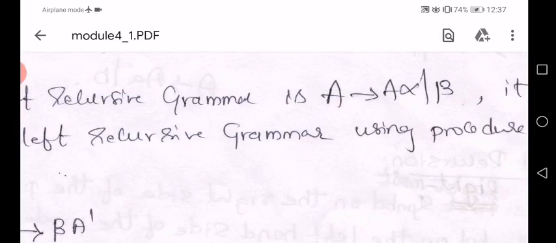If I want to convert the non-terminal into a terminal, then finally I need to substitute beta there. Then what will be the final string? After applying A derives A alpha or beta any number of times, you get beta followed by a number of alphas.